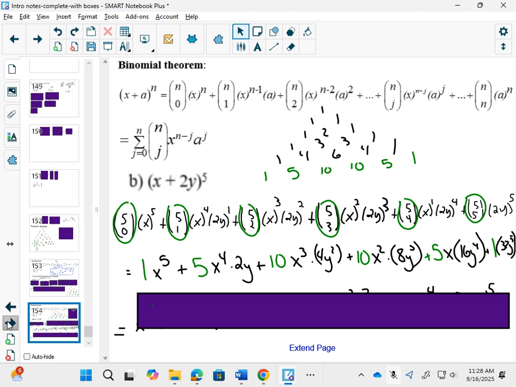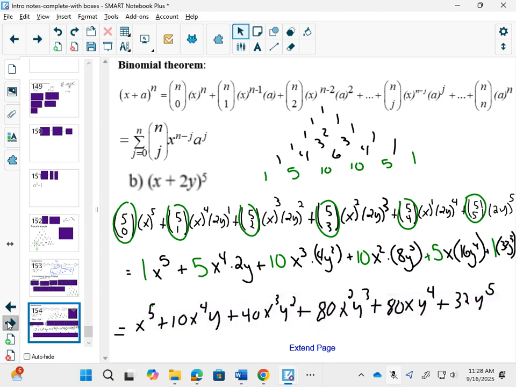And now if I take each of those and simplify, I can multiply numbers together, right? 5 times 2, that makes 10 now. The 10 times 4 would make 40. The 10 times 8, 80, and so on.